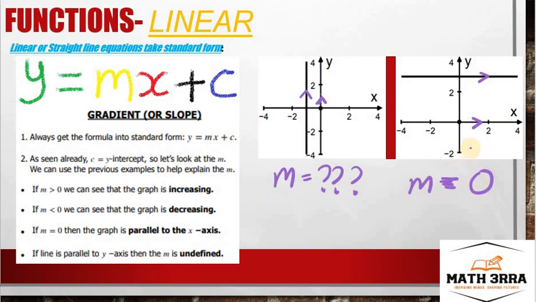This simply implies that for the x-axis itself, its gradient is equal to what? To 0. So seeing as the gradient of the x-axis is equal to 0 and the gradient of a line that is parallel to the x-axis is also 0, that simply means when two lines are parallel, their gradients are equal.